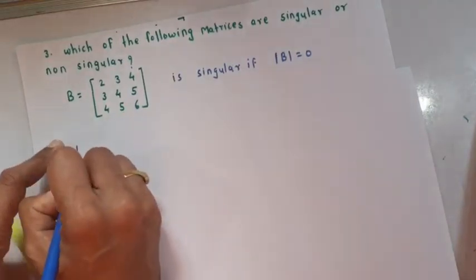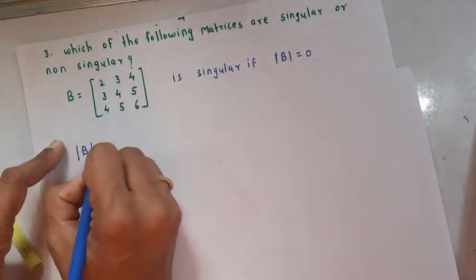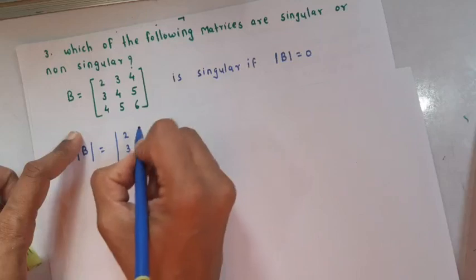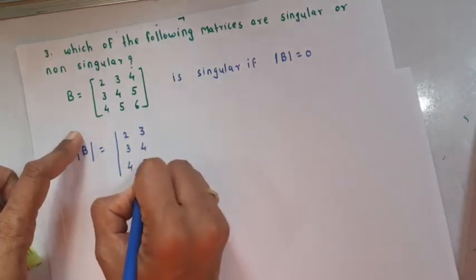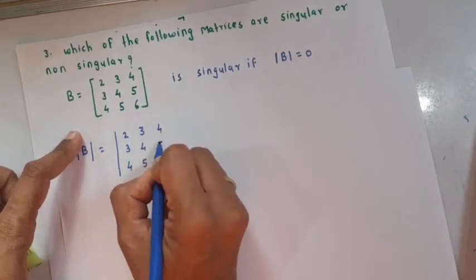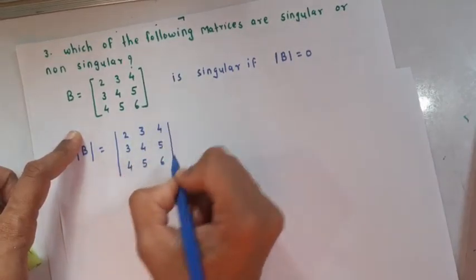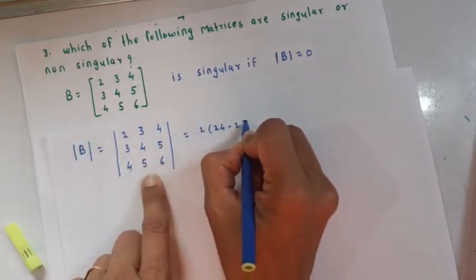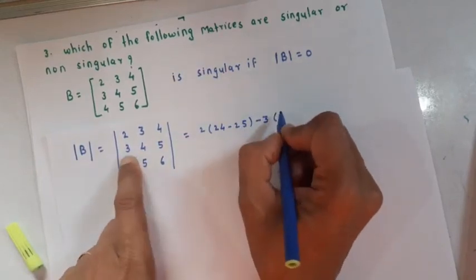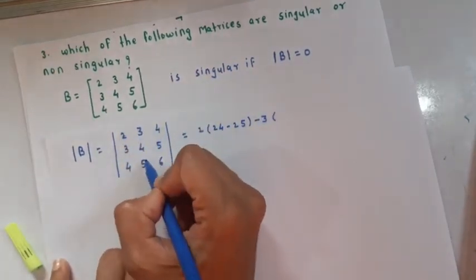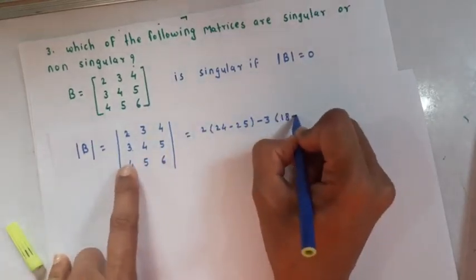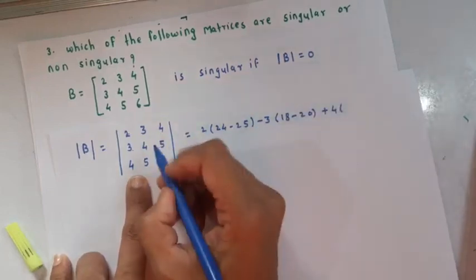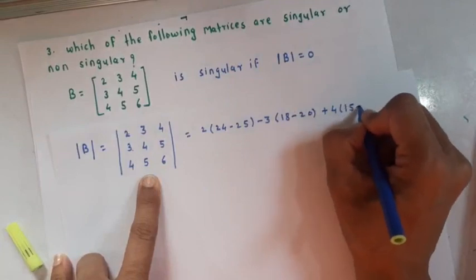Determinant value of B means the brackets are replaced by vertical lines: 2 3 4, 3 4 5, 4 5 6. This is equal to 2 into (24 minus 25), minus 3 into (18 minus 20), plus 4 into (15 minus 16).